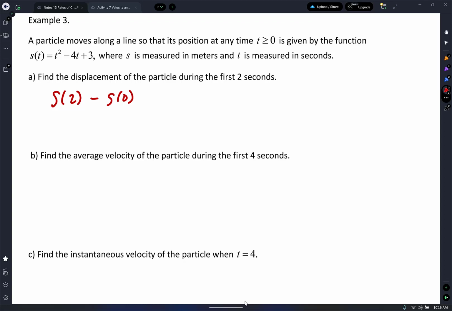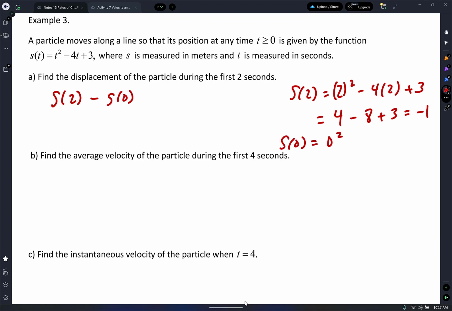I go to the side, and I go S of 2 equals 2 squared minus 4 times 2 plus 3. I'm not doing anything crazy. 4 minus 8 plus 3. 4 minus 8 is negative 4. Negative 4 plus 3 is negative 1. Did I do that correct? Okay. S of 0 will be easy. Plug in a 0. 0 squared minus 4 times 0 plus 3.